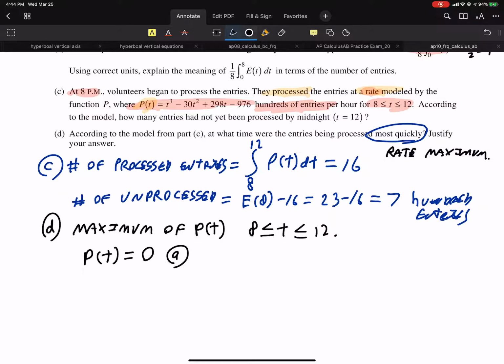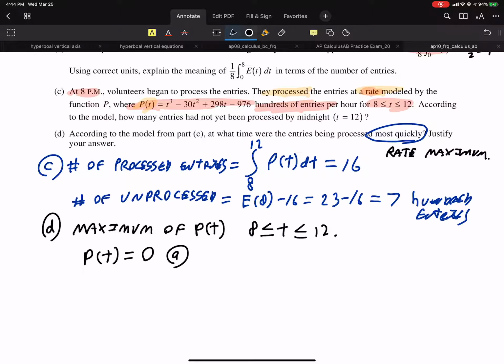So under Y1, I'm going to put P of t. Again, I should have put this in earlier, but I did not because I didn't see it coming. All right, I have it in now.